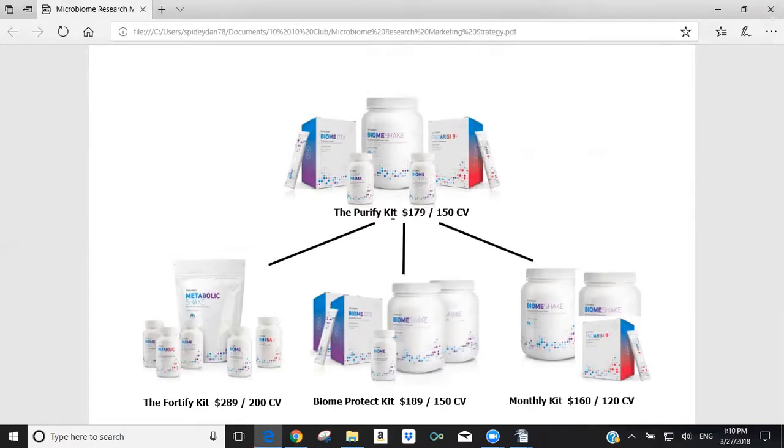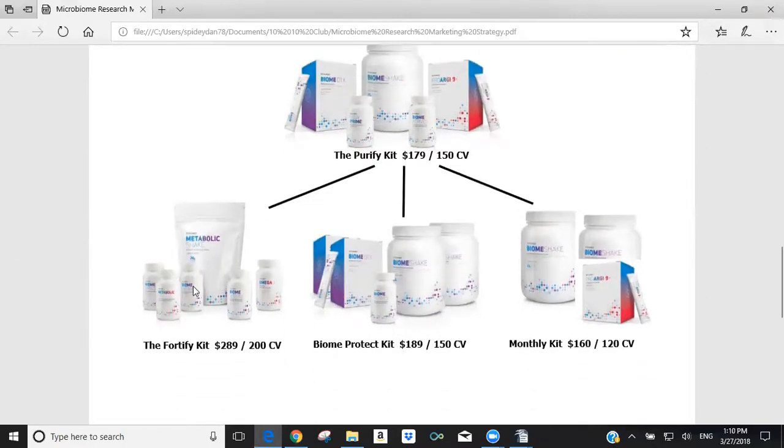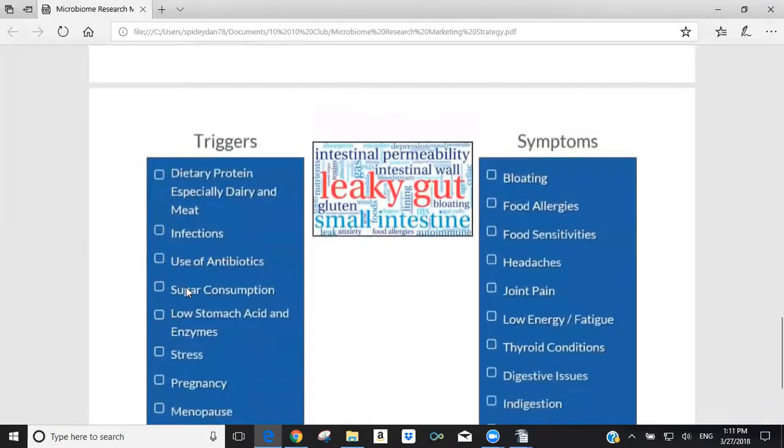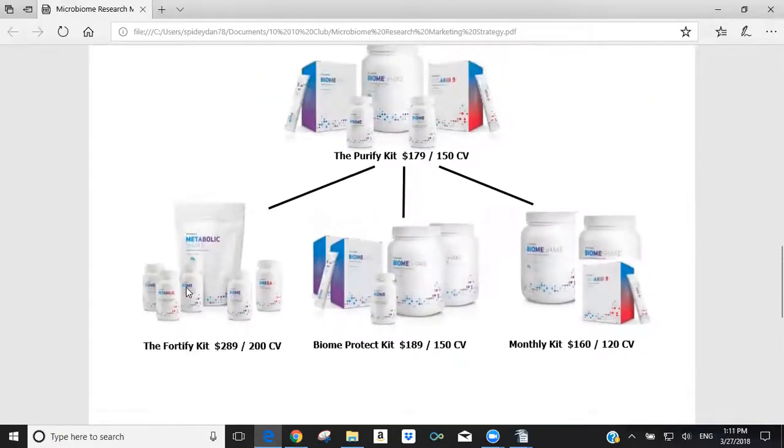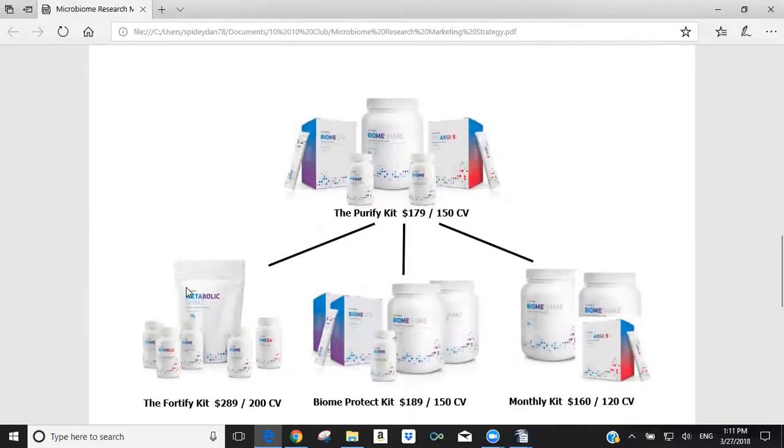We'll do a special presentation on this, but you give them 3 choices. Purify Kit, if they're interested in continuing weight management, if that's a goal for them. If they have a leaky gut because you use the Leaky Gut Survey and they want to continue this process of healing their leaky gut, then we go on the Biome Protect Kit to continue to detoxify their system and heal their leaky gut.